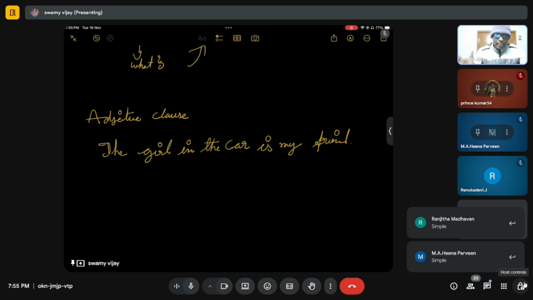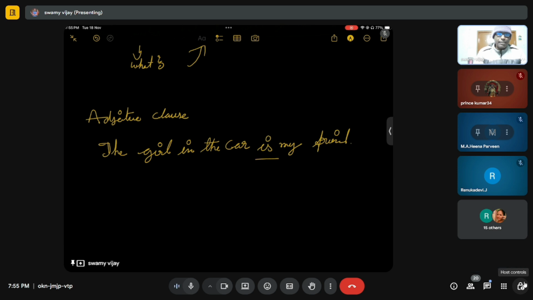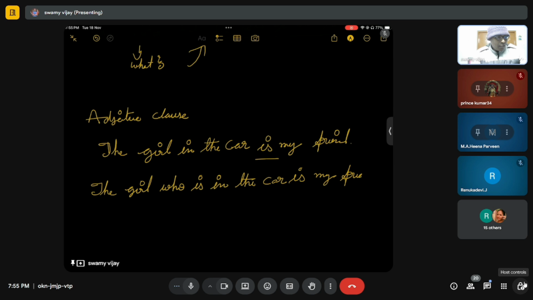Though it is lengthy, the girl in the car is my friend, there is only one verb, is. So it's a simple sentence. Okay. Now, the girl who is in the car is my friend.